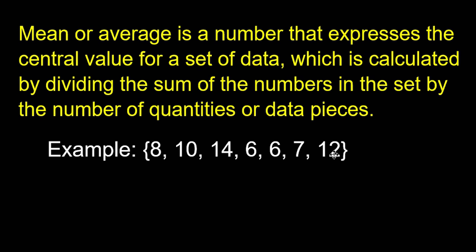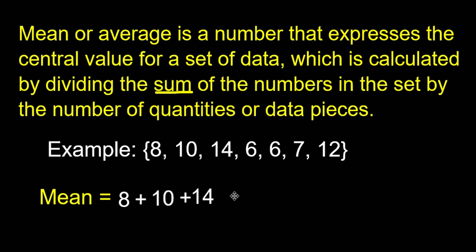In order to calculate the mean, the first thing that we need to do is find the sum, which means that we're going to add all of these values together. So we're going to have our sum by adding 8 plus 10 plus 14 plus 6 plus 6 plus 7 plus 12.